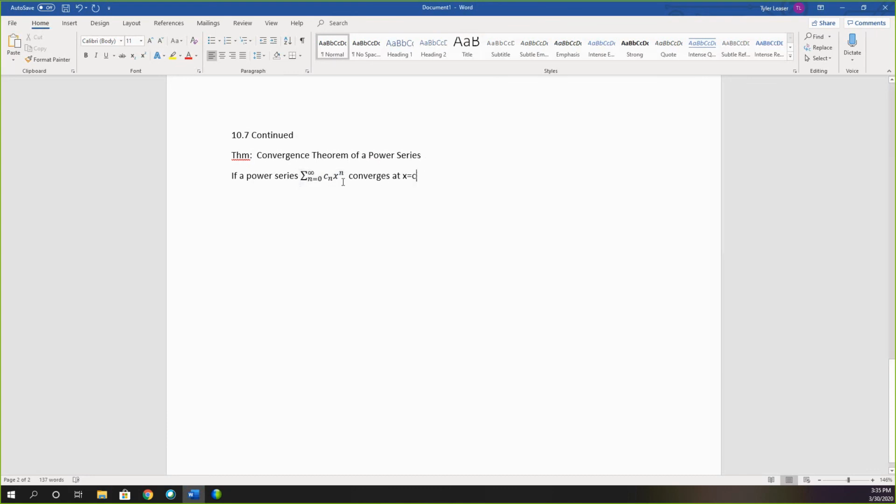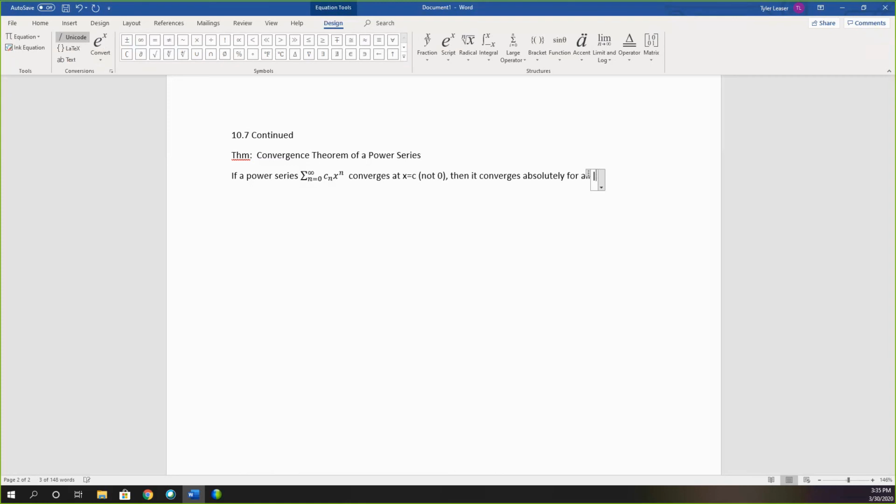This is going to be an x value c that this thing converges at. As long as this x equals c is not 0, I'll put this in parentheses here, then it converges absolutely for all absolute value x less than the absolute value of c.